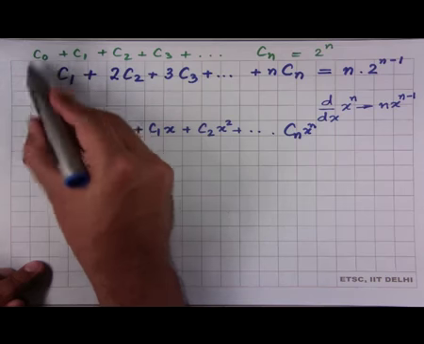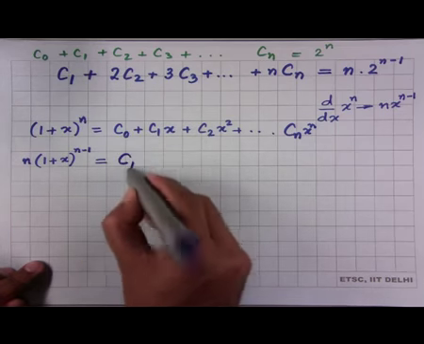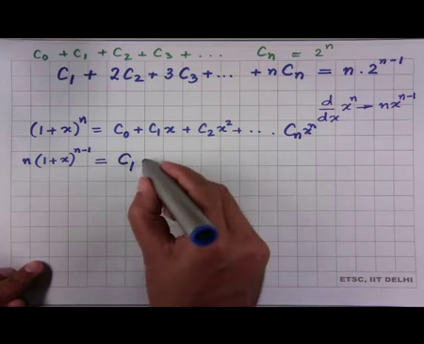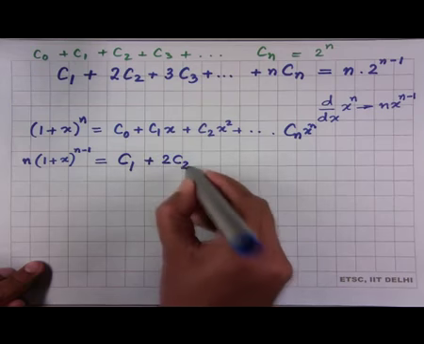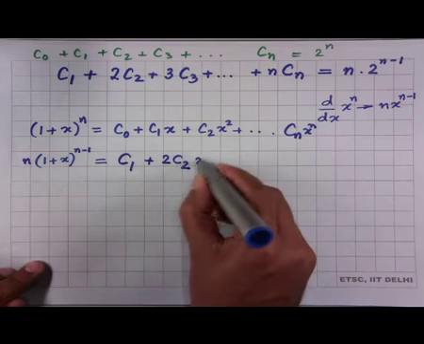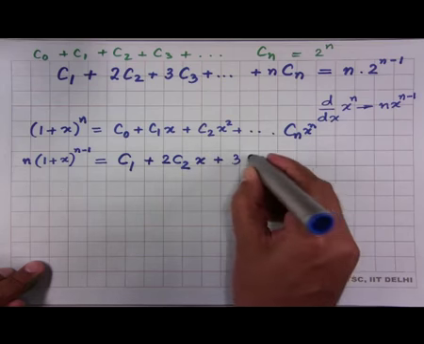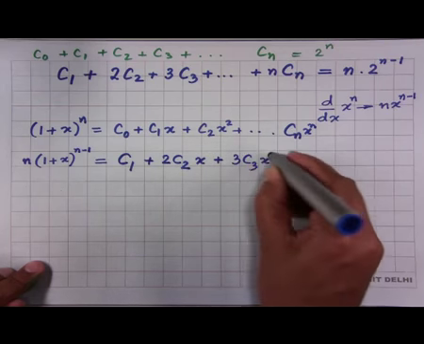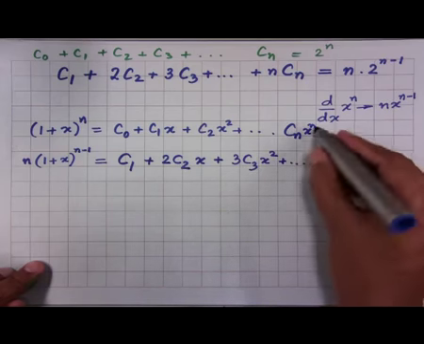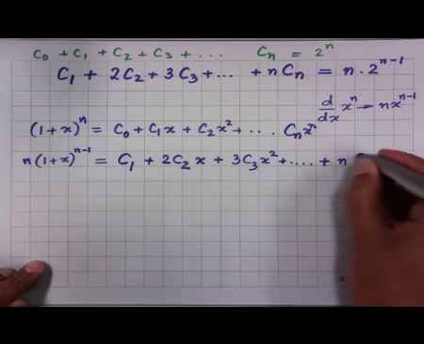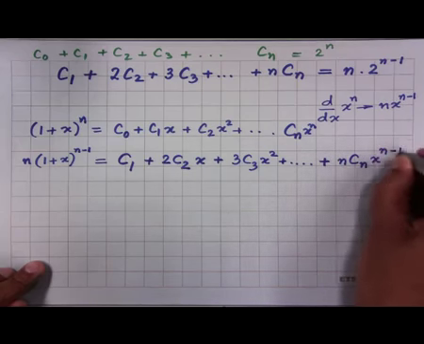C1 x, you get C1. C2 x squared, you get 2 C2 times x. Next one you will get 3 C3 times x squared, and so on and so forth, all the way till n times Cn times x power n minus 1.